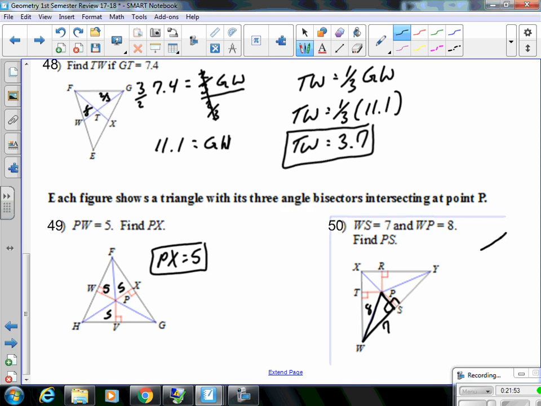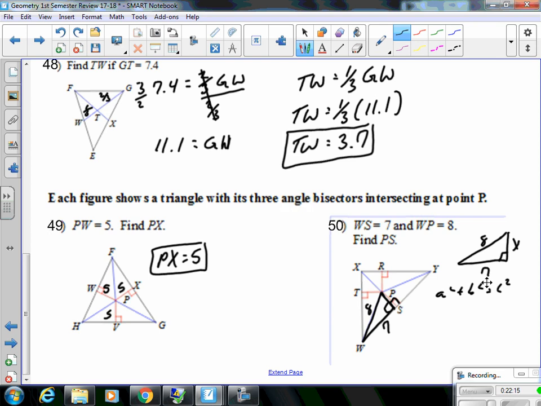So technically, we've got a right triangle, which is 7, 8, and we're trying to find that right side there. So just plug it into Pythagorean: a squared plus b squared equals c squared.